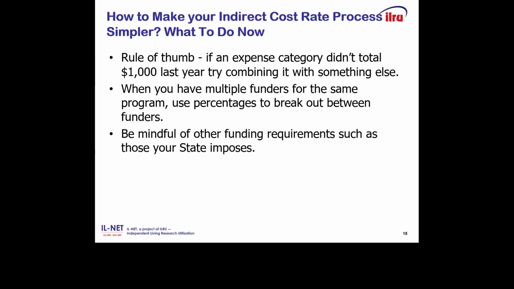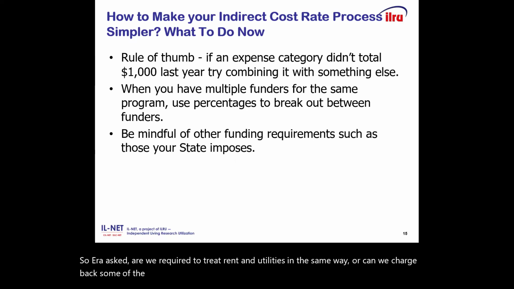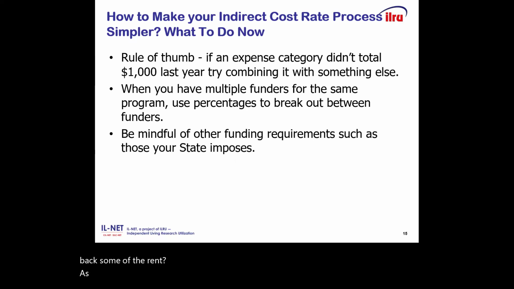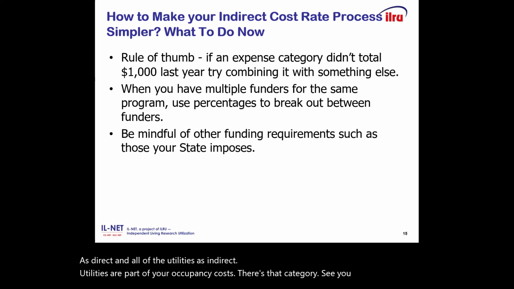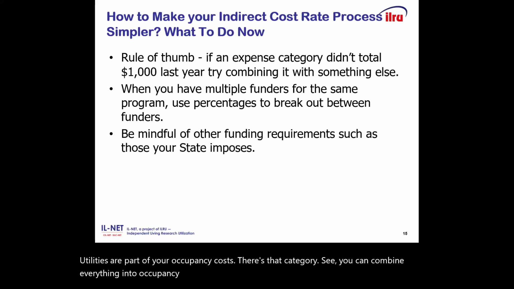So Era asked, are we required to treat rent and utilities in the same way, or can we charge back some of the rent as direct and all of the utilities as indirect? Typically, your utilities are part of your occupancy costs. See, you can combine everything into occupancy costs that has to do with occupancy, rent and utilities and insurance, maybe.